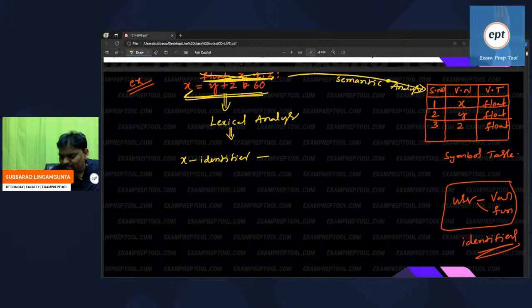Immediately the lexical analyzer will say that if at all you are an identifier, you should be there in the symbol table. So he will verify in the symbol table which row is available. First row he will verify, second row, third row, like that he will check until he finds it.